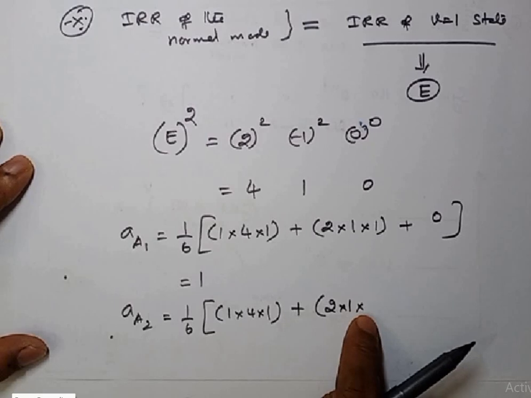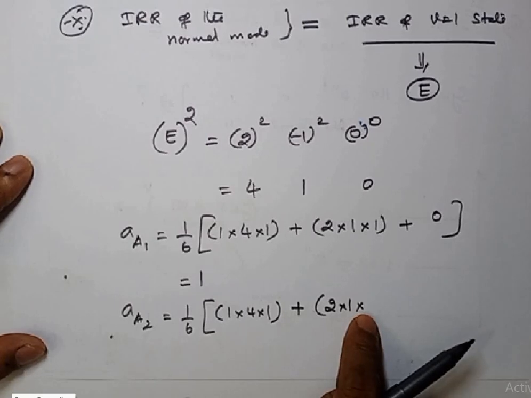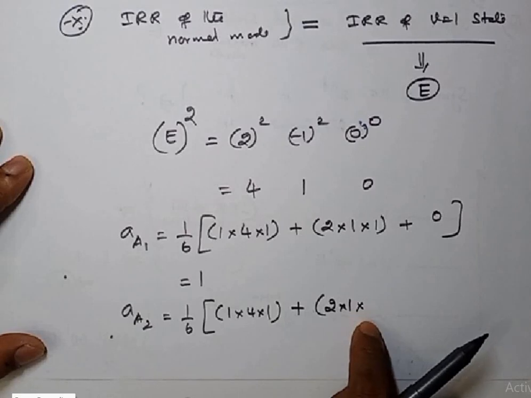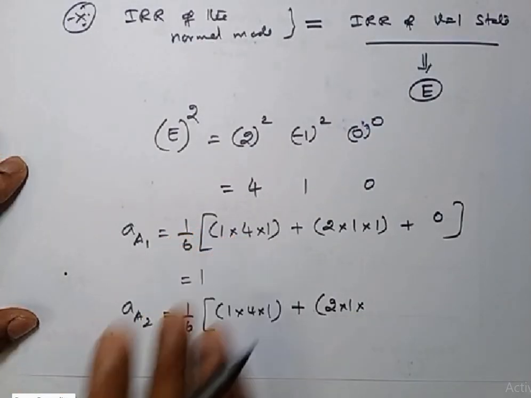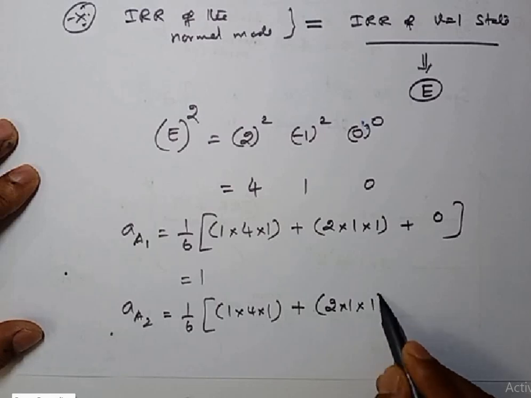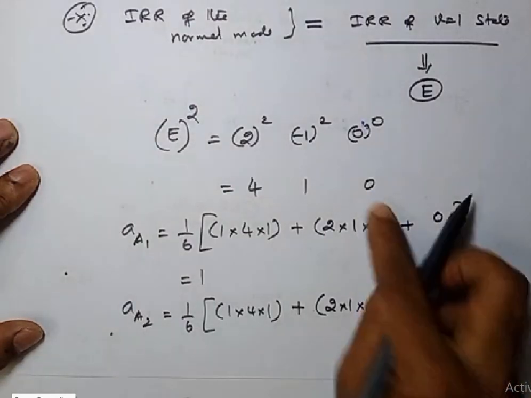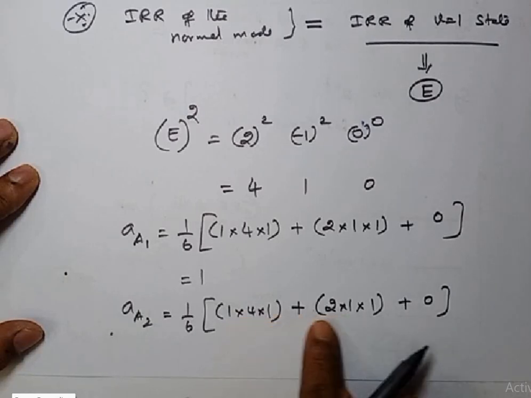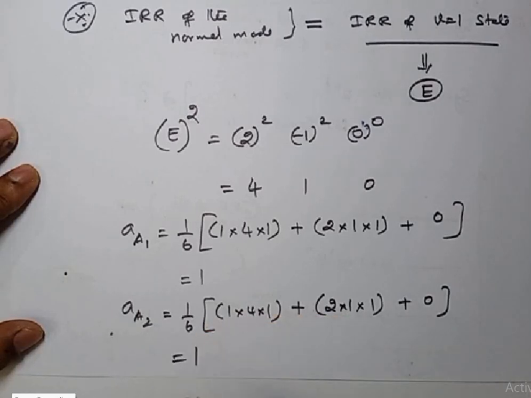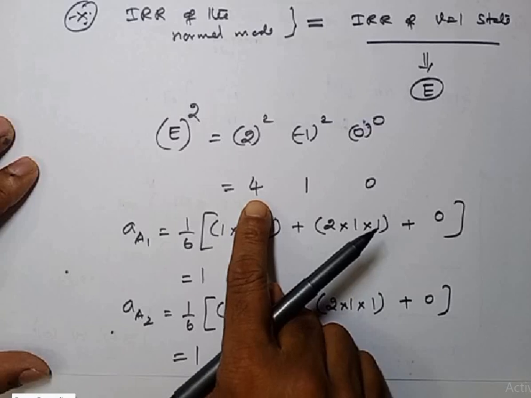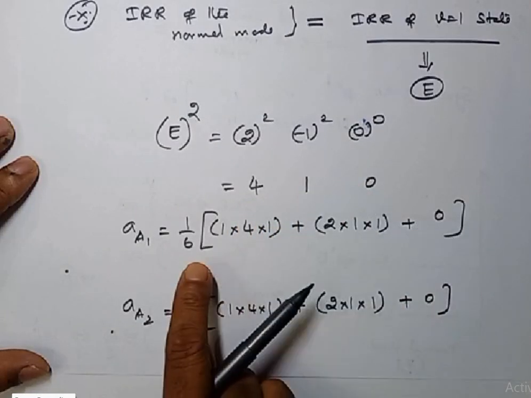What's the character along A2 for class 2? 1 or minus 1? 1, right? Since the last term is 0, you need not calculate. So 4 plus 2 is 6, and 6 by 6 is 1. So I am getting 1 A2 also. What does this indicate? Listen carefully. I should get the characters 4, 1, 0.